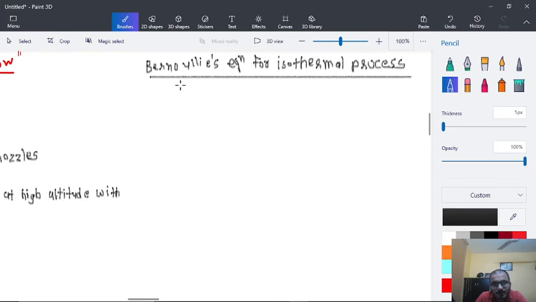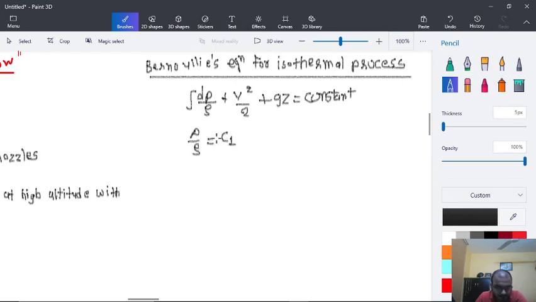First we will write down that equation, integration dP by rho plus V square by 2 plus Gz is equal to constant. So in case of an isothermal process, P by rho is equal to constant, so let's say it as C1.